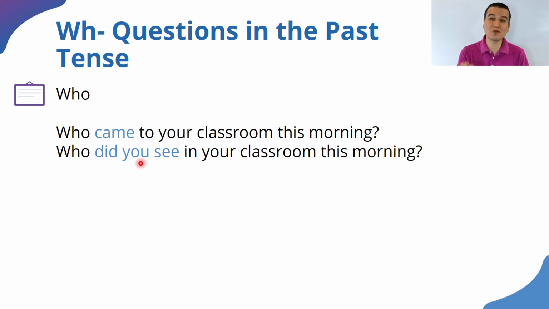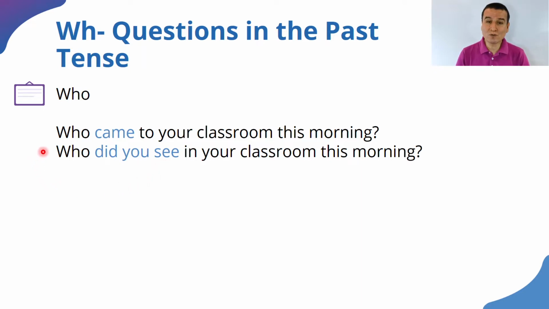And before the subject, we have the auxiliary, yes, but we don't need to ask about the doer of the action because we already know it. In that case, we use this structure. Who did you see in your classroom this morning? So we're asking about the object, the recipient of the action of seeing. Who did you see? I saw a firefighter who came to visit us.